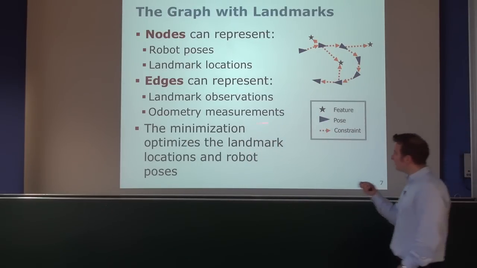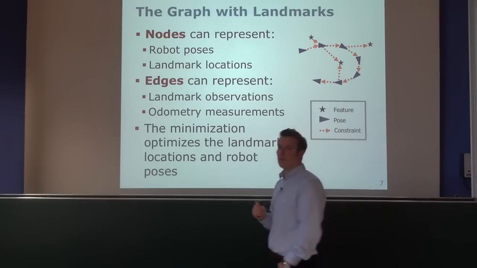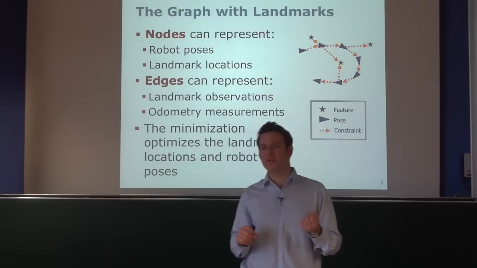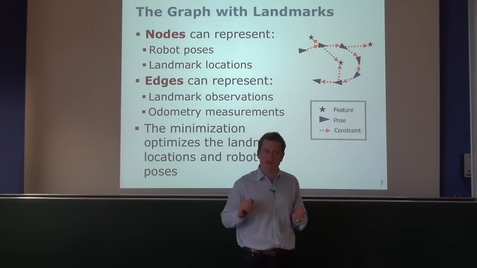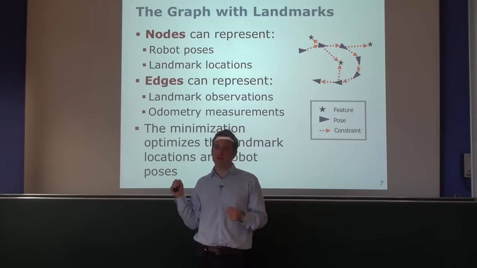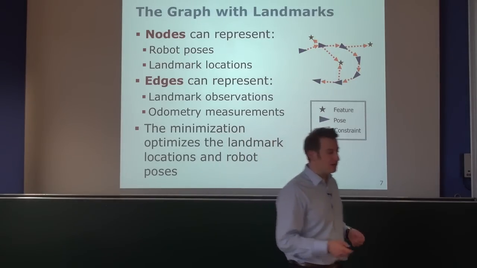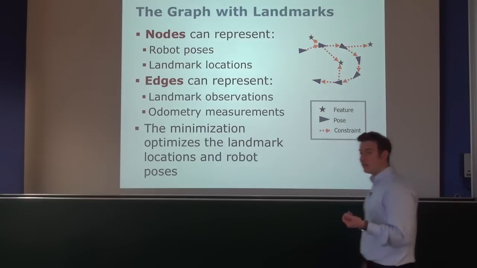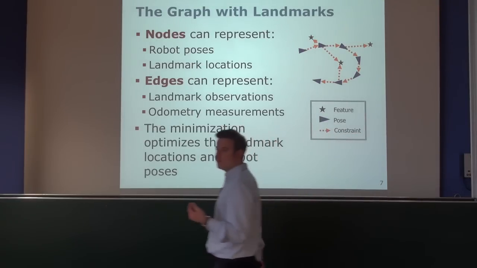And of course, we have our odometry measurements. What we don't have anymore are these direct pose-to-pose constraints resulting from observations. So the virtual observations are something we don't have in here anymore, because we only operate based on our features. But again, the minimization task is the same. We want to find a configuration of the nodes.